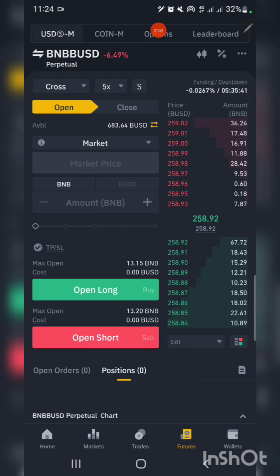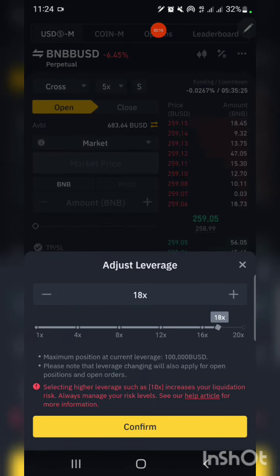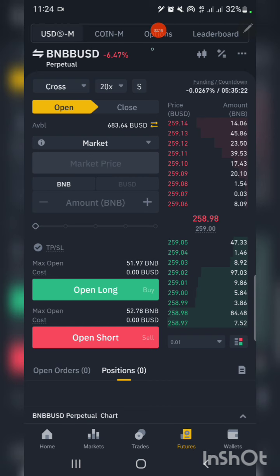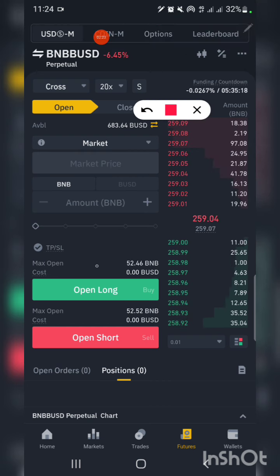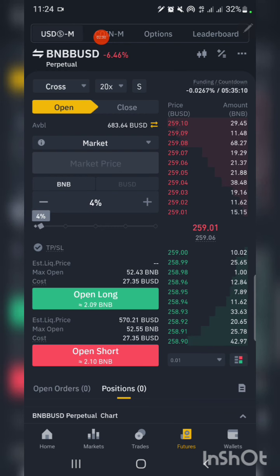Now, if you want to apply safety measures to your trade, you need to manage your leverage, because leverage is the reason people make money in futures and leverage is the reason people lose money. So if you are using higher leverage, for example you want to trade 20x at the moment, what you are going to expose in trade is 5%.